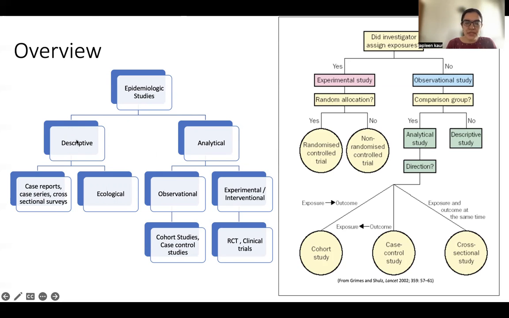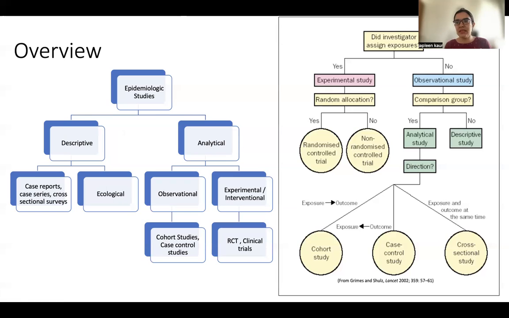The descriptive are further divided into case report, case series, cross-sectional survey, and ecological, based on the unit of observation being individual or population. The main difference between descriptive and analytical is that in descriptive, we are simply describing a population in terms of percentages, variables, and proportions, but we are not correlating or associating any exposure with the outcomes. In analytical studies, this is exactly what we do.